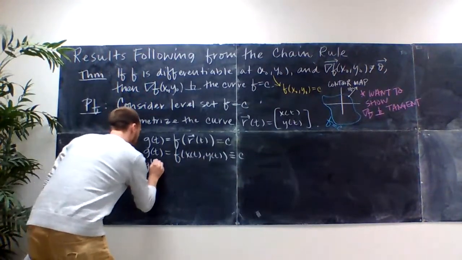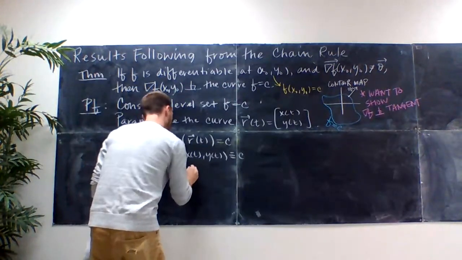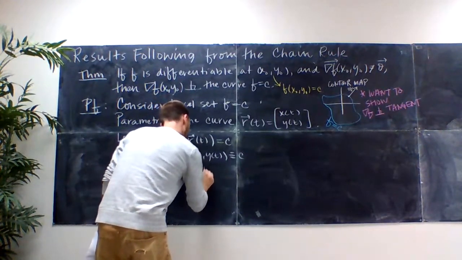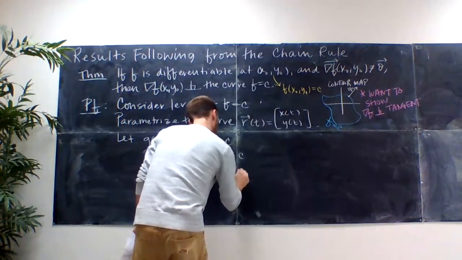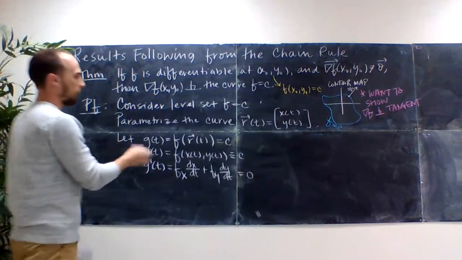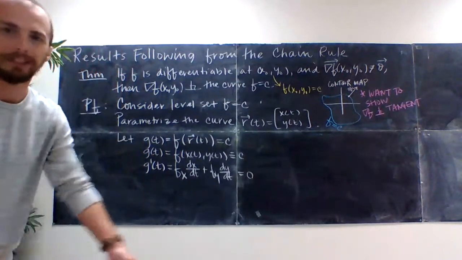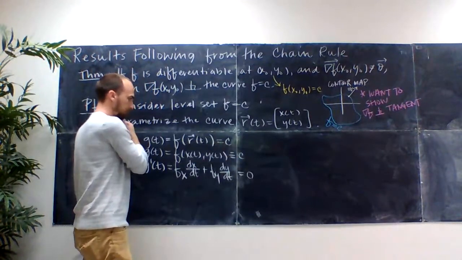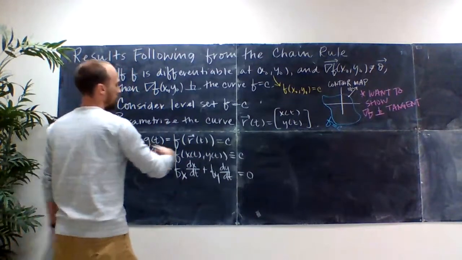So g prime of t is, using the chain rule, fx times x prime of t plus fy times dy dt, and that's equal to 0. In higher dimensions you'd use a higher order chain rule, but the actual mechanics are the same: you take the derivative of both sides of the level curve equation using the chain rule, and you'll see that it's 0.